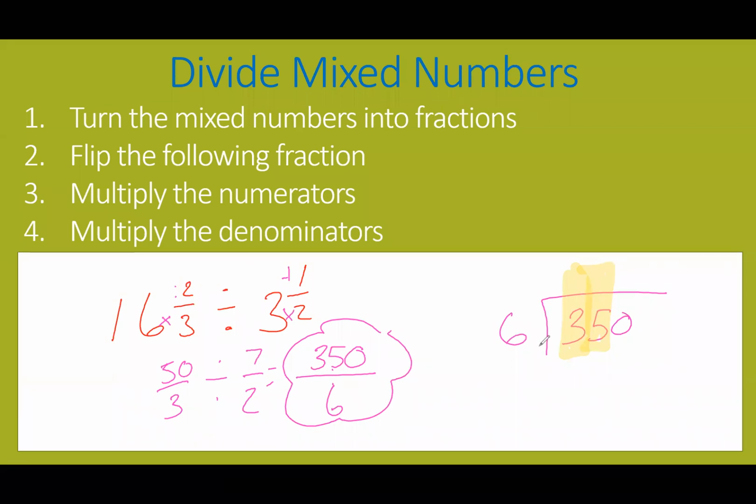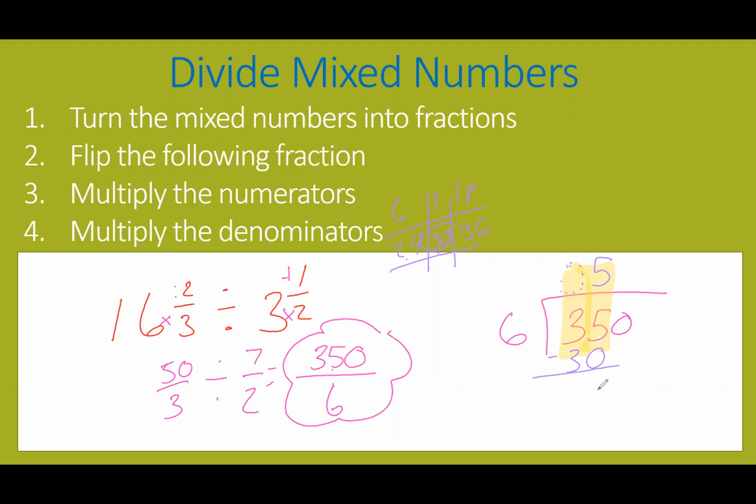What number times 6 gets me close to 35 without going over? I know my 6 times tables. I do a hashtag, 6, 12, 18, 24, 30, right? 36. Oh, 36 went way too high. So I'm going to go back down to 30, which was 1, 2, 3, 4, 5. And remember, it goes here because this is actually a 0 because I couldn't divide that.